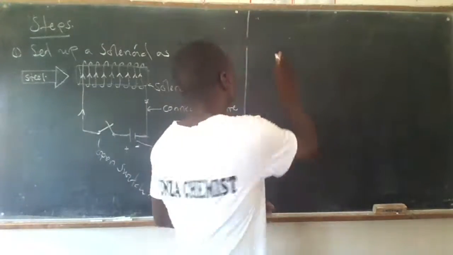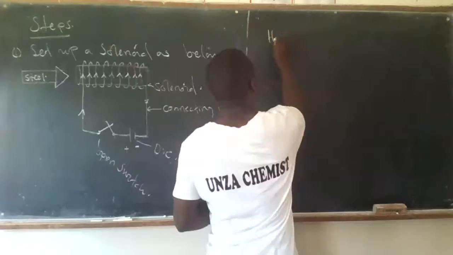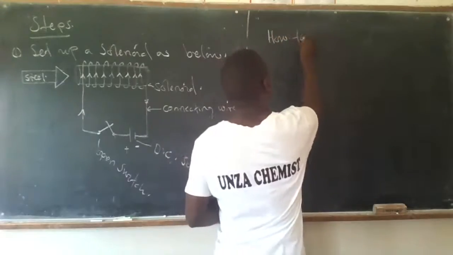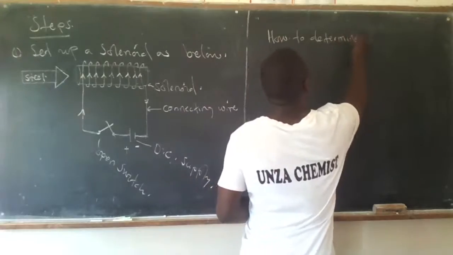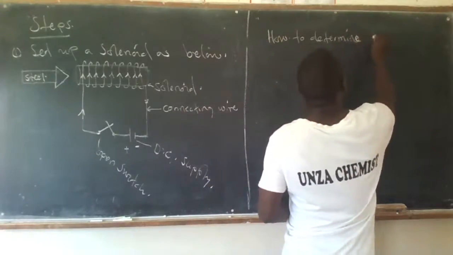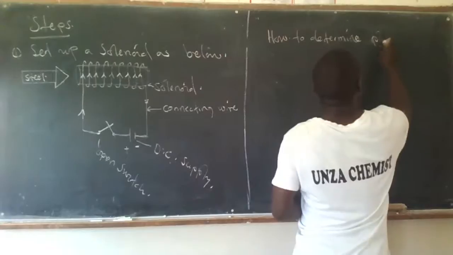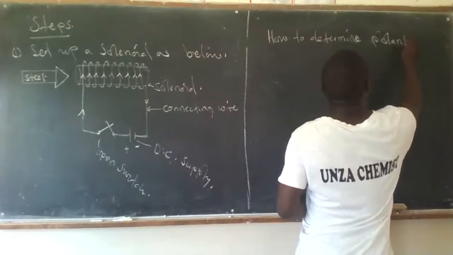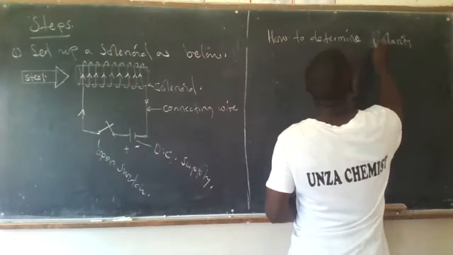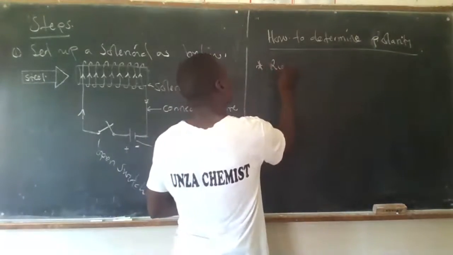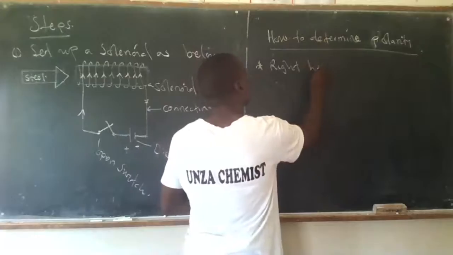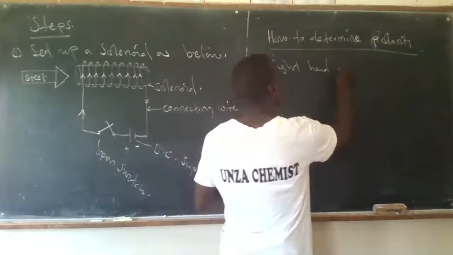Now, how do you determine polarity? How do you determine the poles, which we call polarity? The method that we use is called the right hand grip rule.